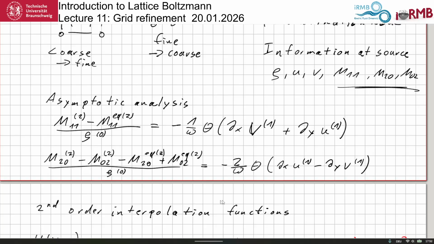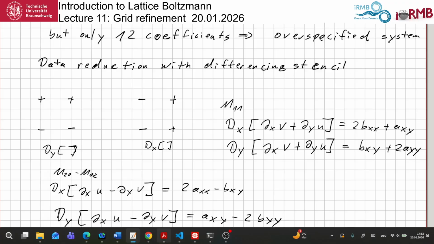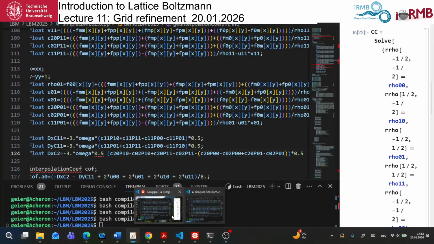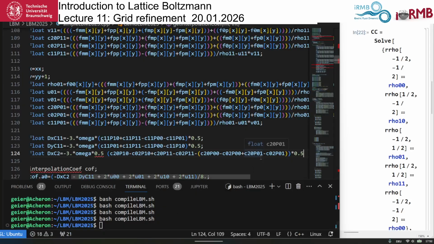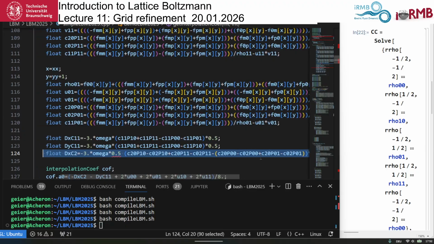And the other one comes from the fact that we do this twice. So that means this should look like this. Why doesn't it like this 0.5? Ah, of course.